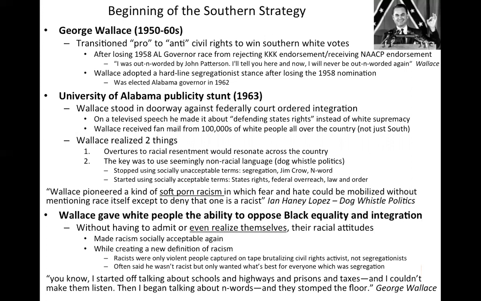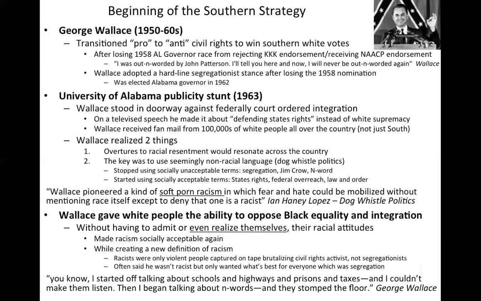But instead of the usual talk that Black people are savages and we need to segregate ourselves from them, he talked about states' rights and how the federal government was overreaching and violating states' rights, instead of talking about white supremacy. That was taped and broadcast all over the country. He received fan mail from over 100,000 white people all over the country, not just in the South, who really supported what he did, particularly how he framed it as a states' rights thing.